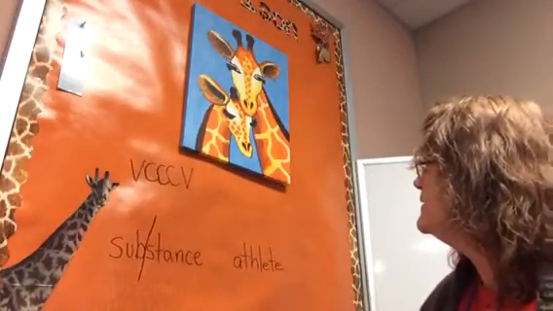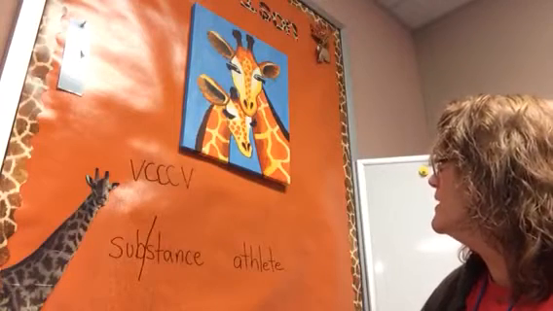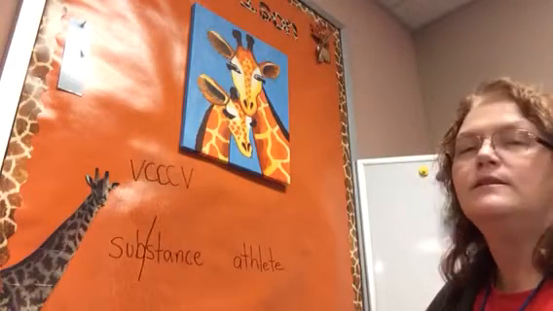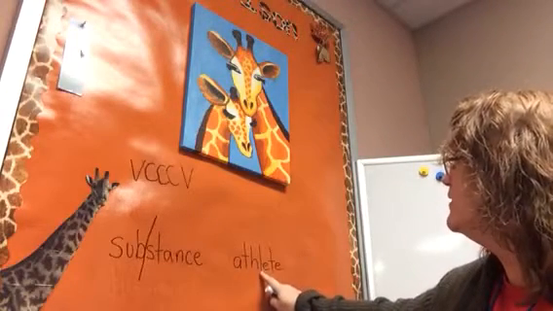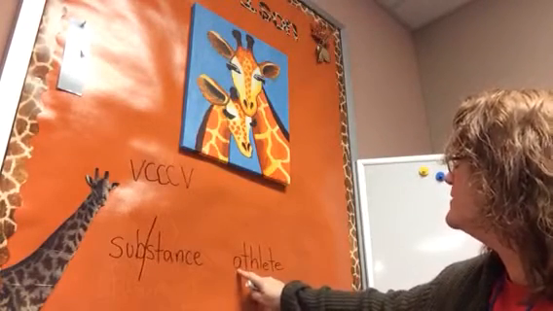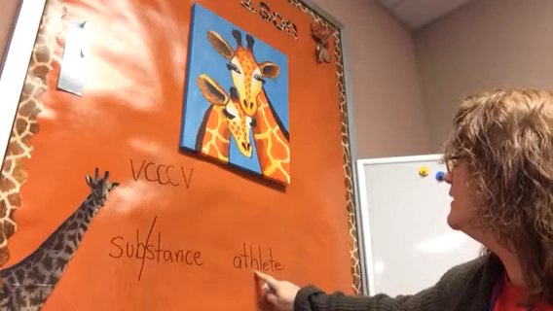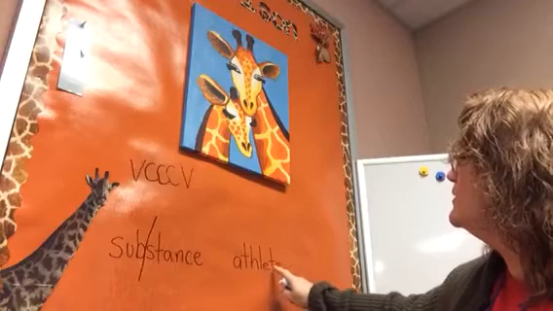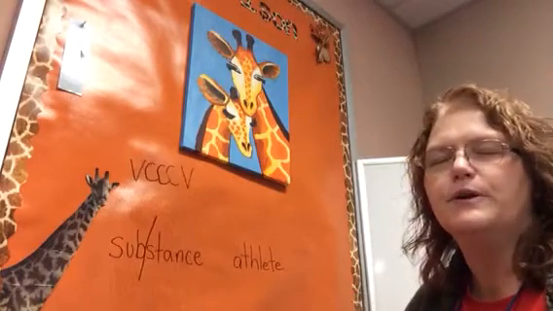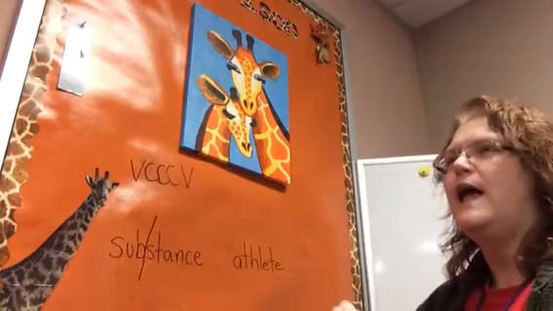All right, let's look at this word. Athlete. Can you find the 3 consonants together? Yep, it's right here. T-H-L. Those are 3 consonants, and there's a vowel on either side. If you were saying this word, what are the syllables?